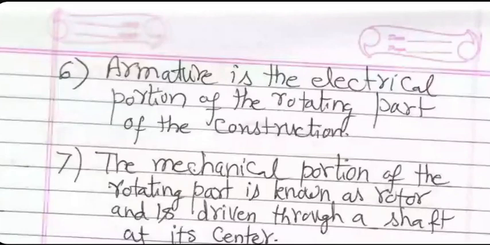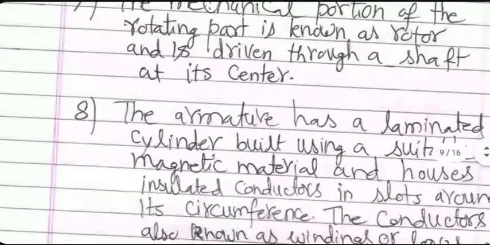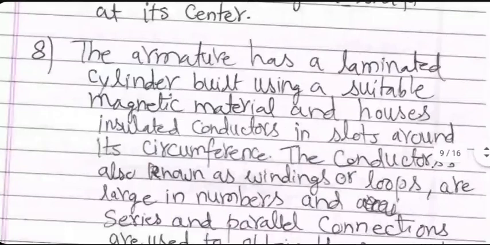Armature is a portion of the rotating part of the construction. The mechanical portion of the rotating part is known as rotor and is driven through a shaft at its center. The armature has a laminated cylinder built using a suitable magnetic material and houses insulated conductors.